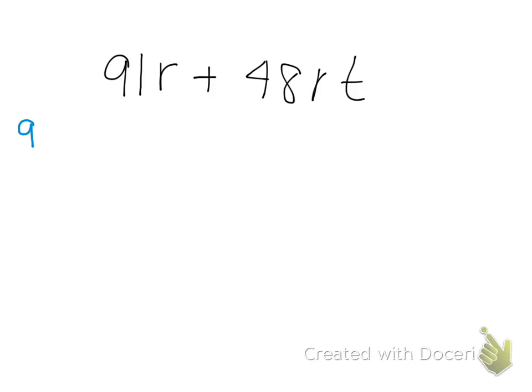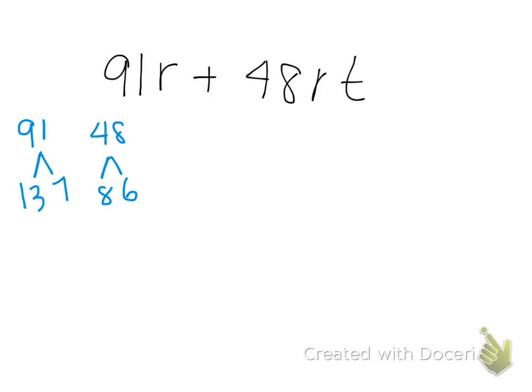Now if we had one that was a little different, like this one, 91r plus 48rt. Now I'm sure you're probably wondering what goes into 91. Well, 91 can be factored into 13 and 7. And then of course 48 is 8 and 6. So we have no common terms in there.